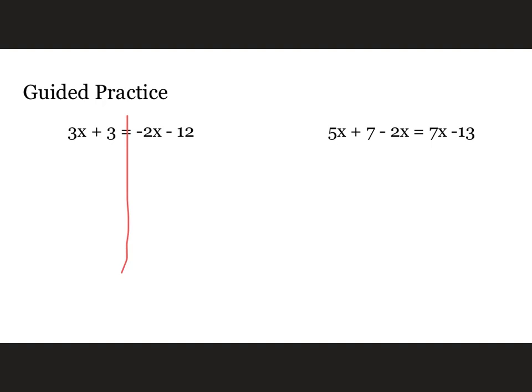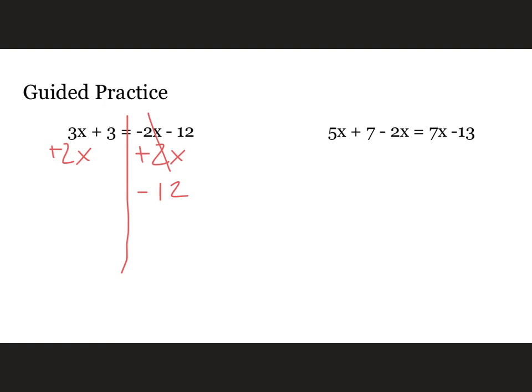The opposite of a negative is to just add 2x to both sides. Once again, I know that these cancel, and I'm going to start with the right side of my equation. Since I've moved the negative 2x by adding 2x to both sides, I am left with a negative 12.